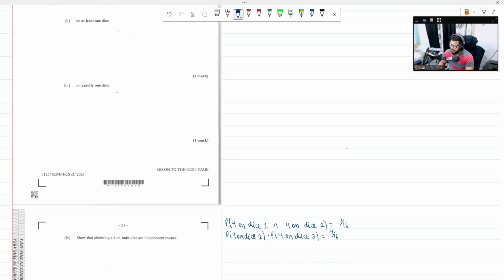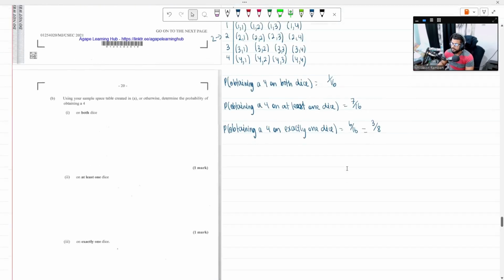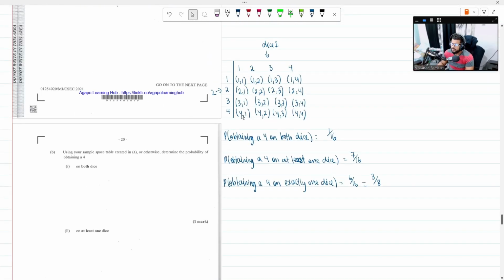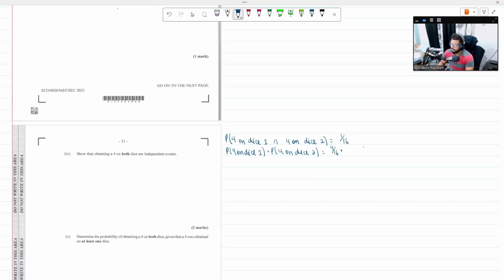I'll leave it as 4 out of 16, multiplied by obtaining a 4 on dice 2, which will be 1, 2, 3, 4 out of 16. 4 out of 16 by 4 out of 16 is a quarter by a quarter, which is 1 out of 16. So I can say, therefore, obtaining a 4 on both dice are independent.